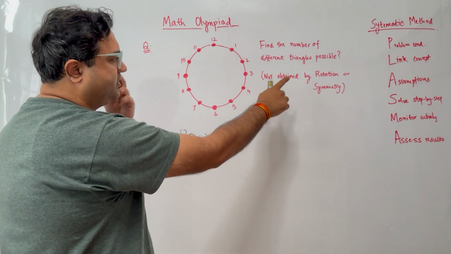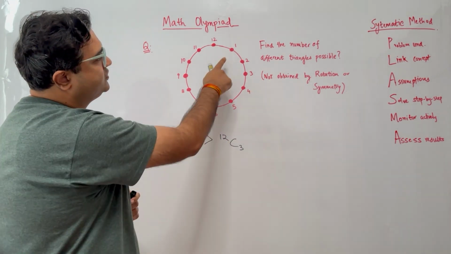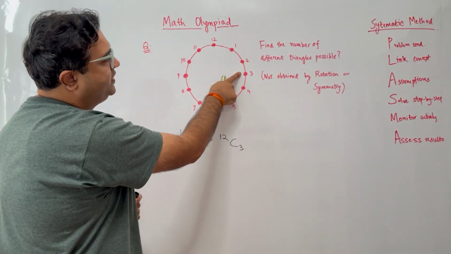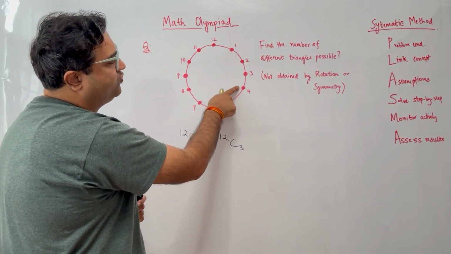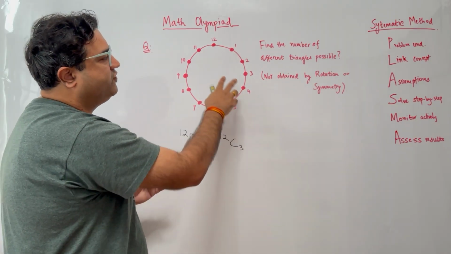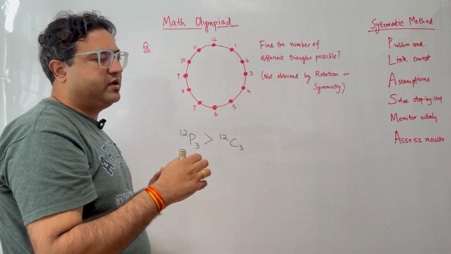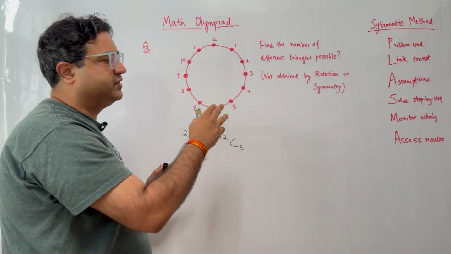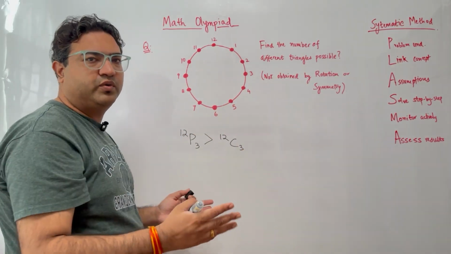Now, we are given that they are not obtained by rotation. Let's say 1, 2 and 3 is a triangle, and 2, 3 and 4 is also another triangle. When all these points are fixed in a space so that you cannot move them around, then this formula will work.